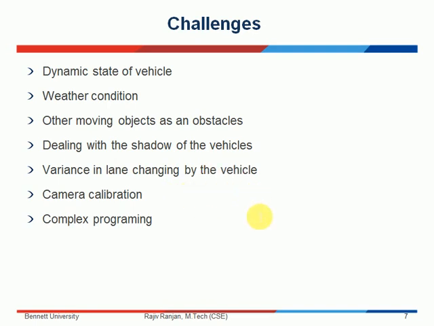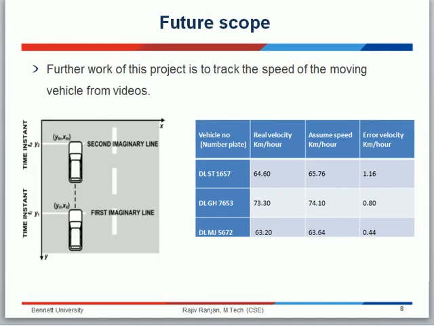If vehicles suddenly change lanes, it can create a problem, and the camera calibration angle is always a problem. And if we track the speed of the vehicle, the programming part becomes very complex. So these are the challenges, and I am working on them, so I have kept them as future scope, as soon as I overcome these challenges.